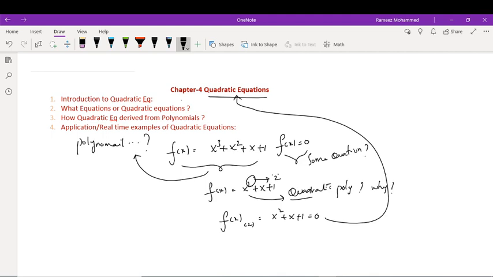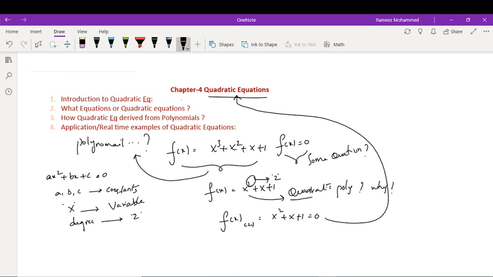Now let us understand the standard form of a quadratic equation. The standard form is ax squared plus bx plus c equal to 0, where a, b, c are constants, x is the variable, and the degree here is 2.